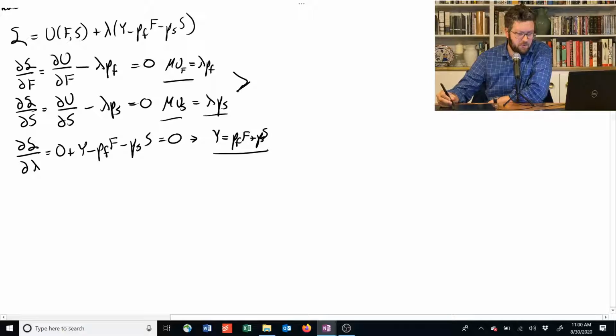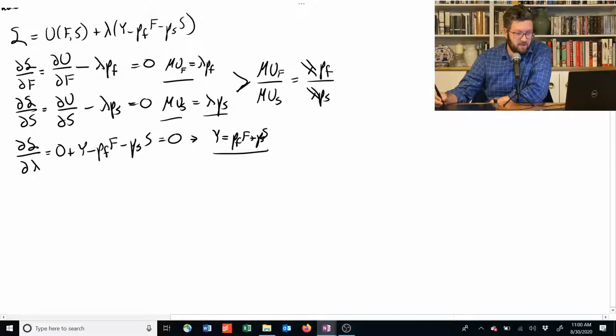Let's combine these two equations by dividing one side by the other. Okay, so we're going to divide MUF by MUS. MUF is equal to lambda times PF. MUS, if we divide both sides by MUS, it wouldn't be very interesting, but we know MUS is also equal to lambda times PS. And we get this.